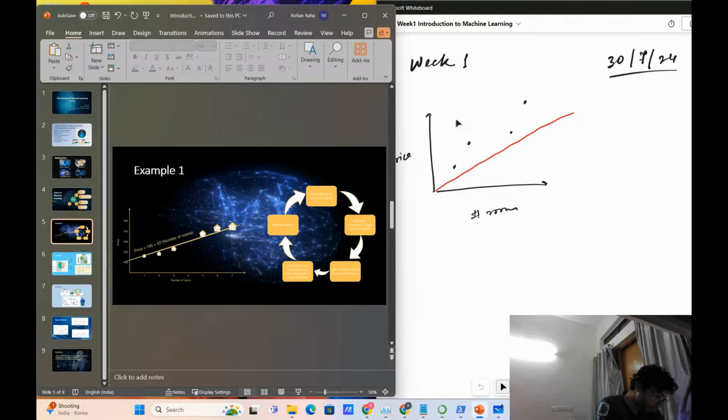Now you want to ask yourself, what is the error if I fit this line?